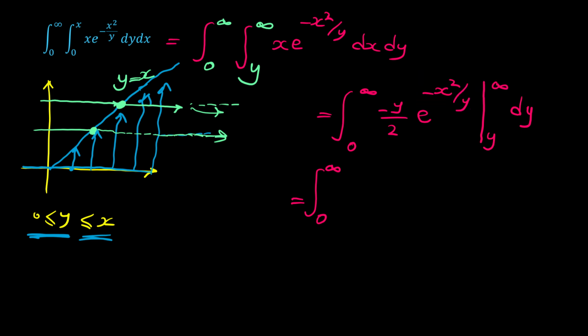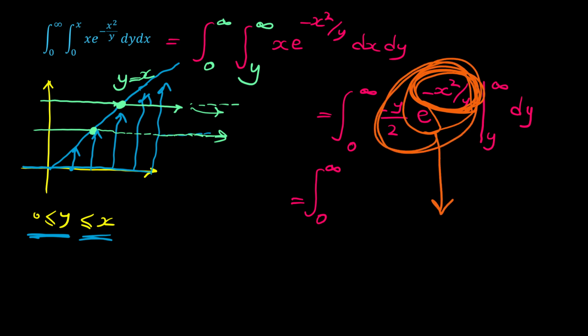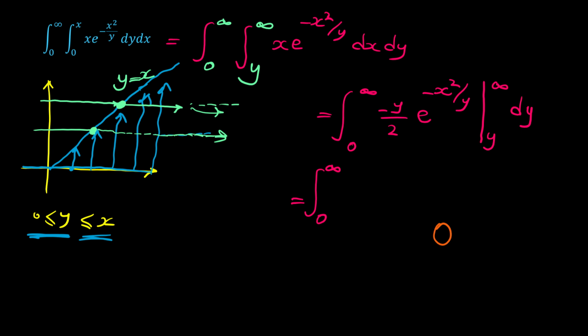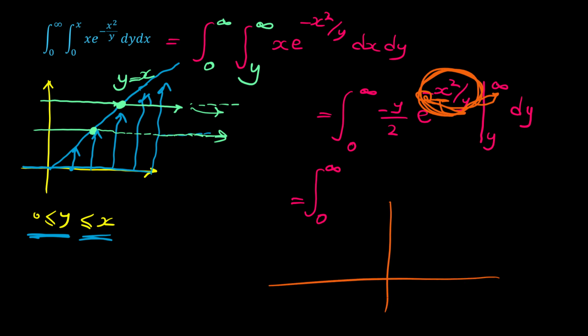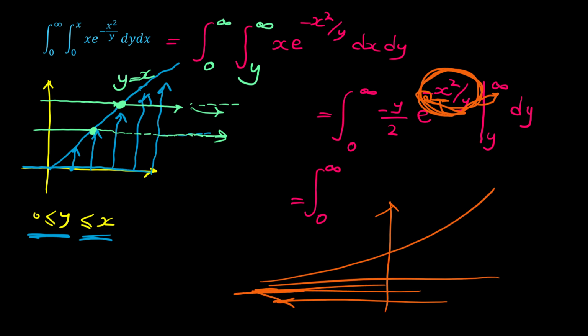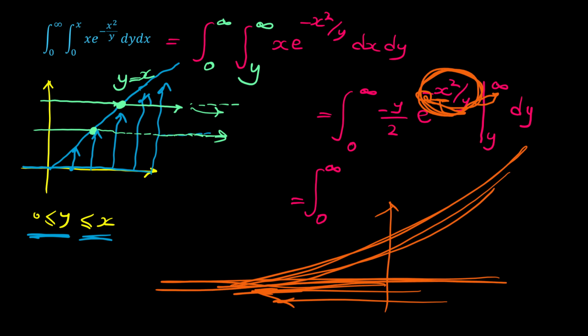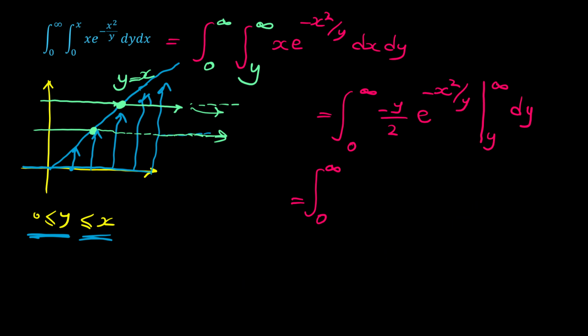In an exponential function, when the power approaches negative infinity, the exponential function approaches 0. Let me explain this again. x is approaching infinity, so this exponent is approaching negative infinity. And in exponential functions, if you remember, when we go far to the left toward negative infinity, the exponential function is approaching 0. So when we substitute the upper limit, this would be 0.